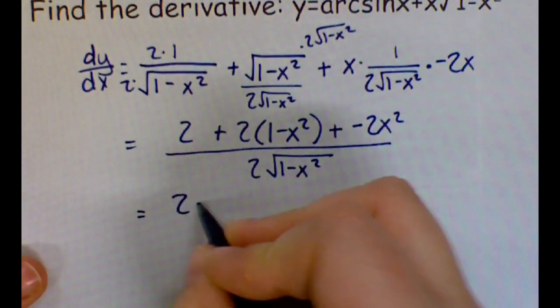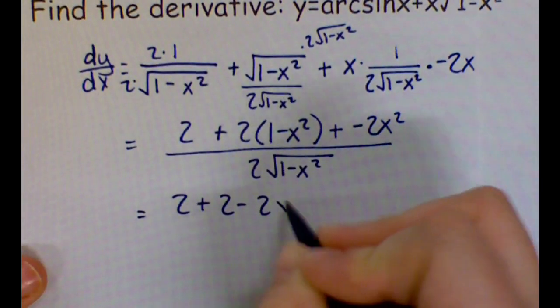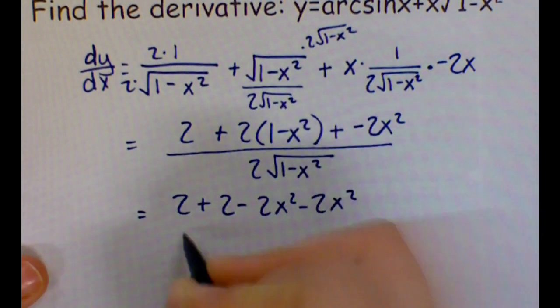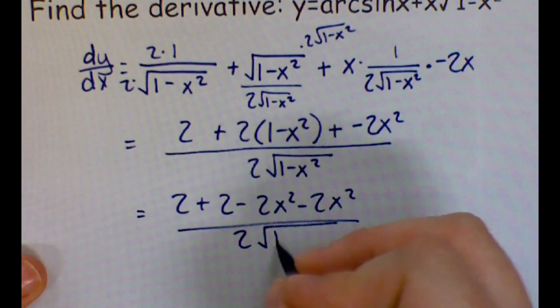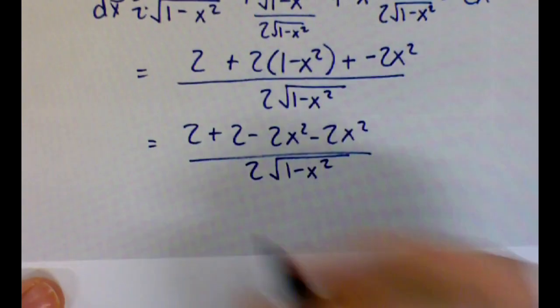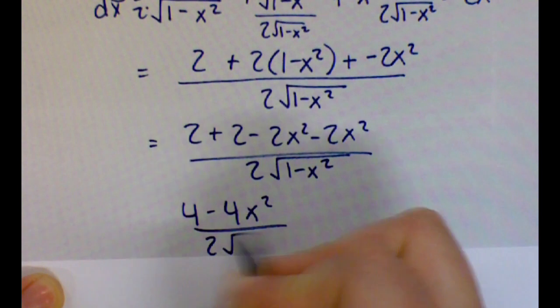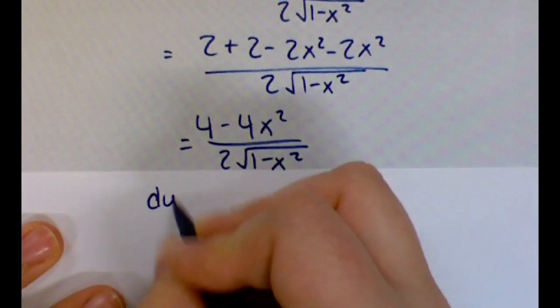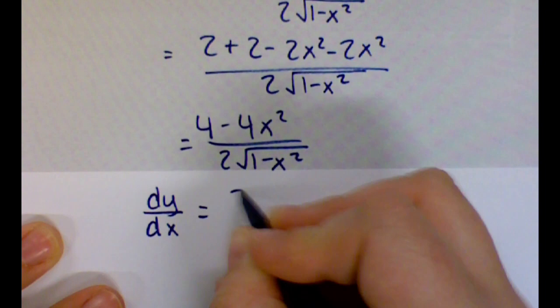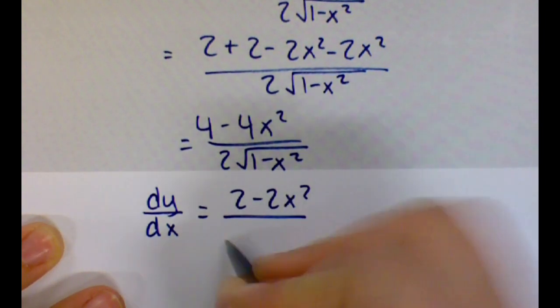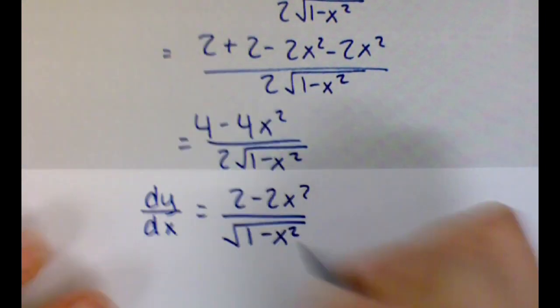Simplify this a little more: 2 plus 2 minus 2x squared minus 2x squared. And I get 4 minus 4x squared over 2 square root of 1 minus x squared. Divide everything by 2, and my derivative is 2 minus 2x squared over the square root of 1 minus x squared.